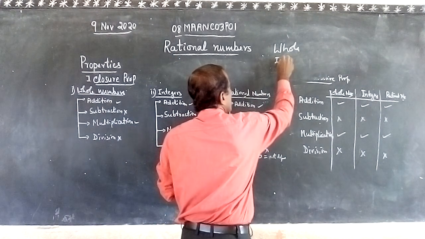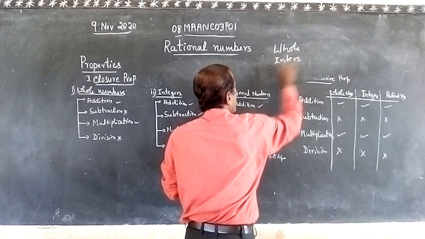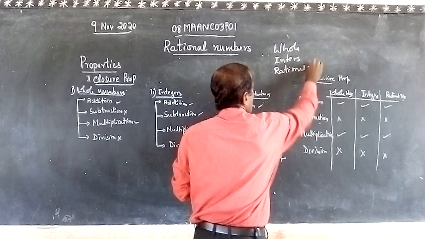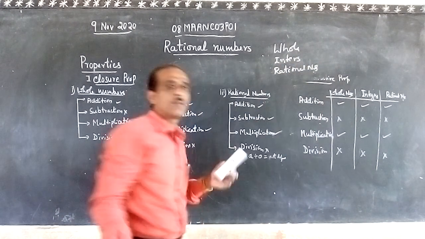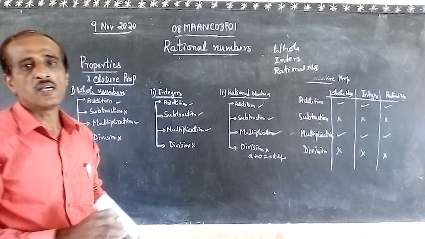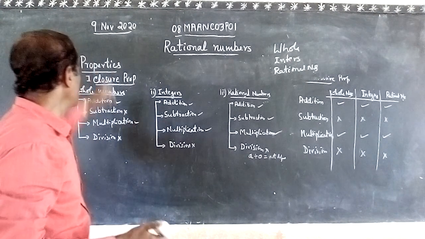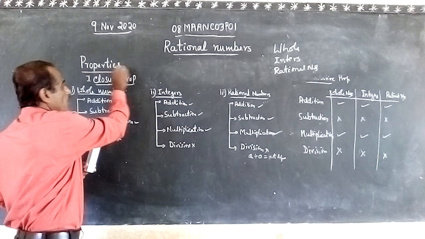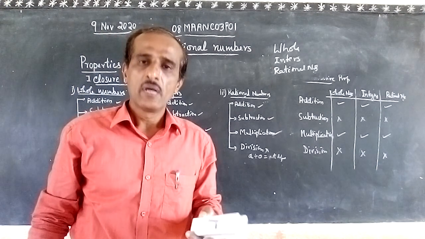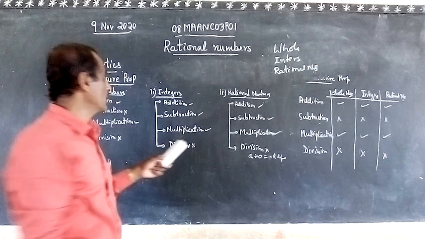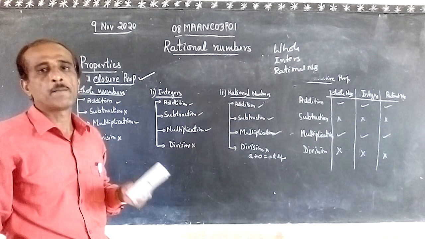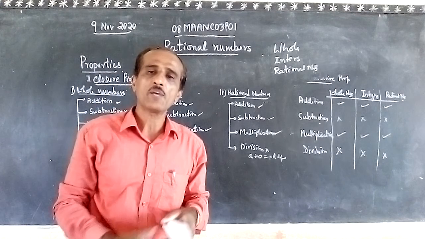About natural numbers, integers and rational numbers, and some of the properties of whole numbers, integers and rational numbers, you are going to learn. In that, the first property is closure property.